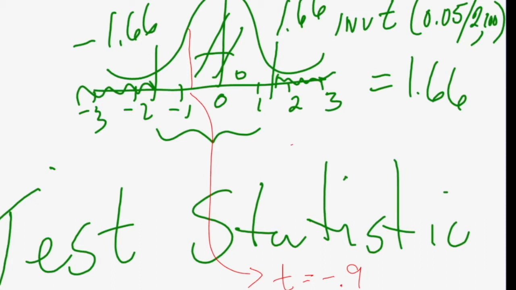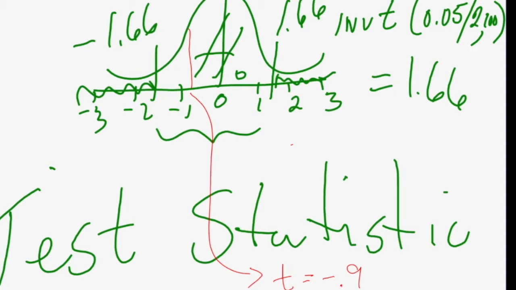And we can see that that's clearly in the H0 area. But in order for us to do this, each time we would require a table, either a t-table because we're doing a t-test, a chi-squared table because we're doing chi-squared, or an F-table because we're doing ANOVA.